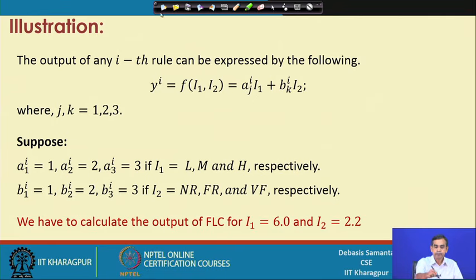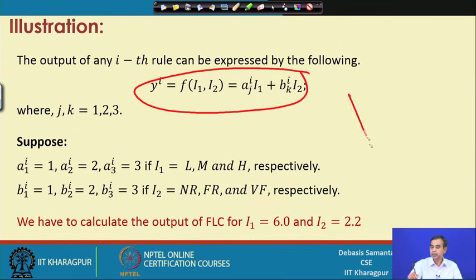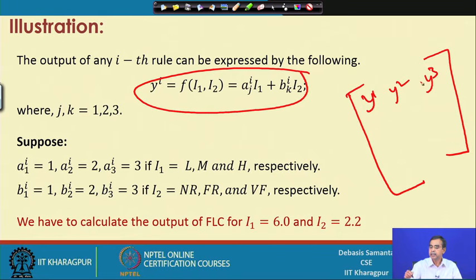Now, here in this slide, suppose each fuzzy rule is denoted in this expression. As I told you, again the same thing I can write: it is basically Y 1, Y 2, Y 3, Y 4, Y 5, Y 6, Y 7, Y 8 and Y 9, 9 rules are there.